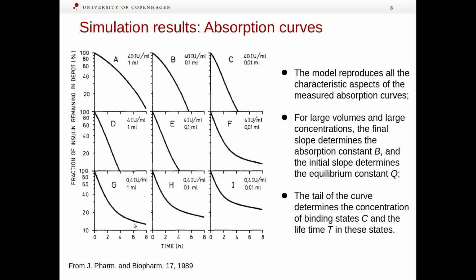And if you go back along this line here, we find actually the concentration of bound states in the system. So all the parameters can be sort of identified from these curves here.